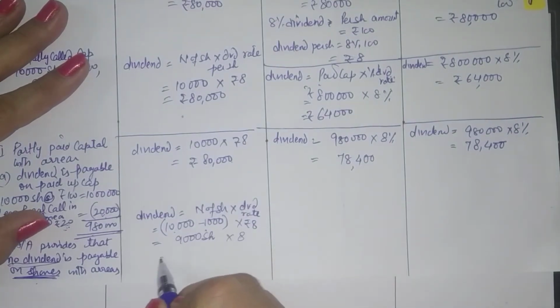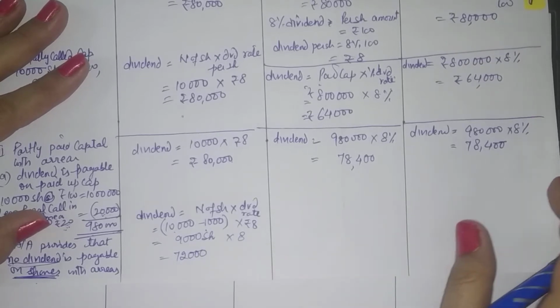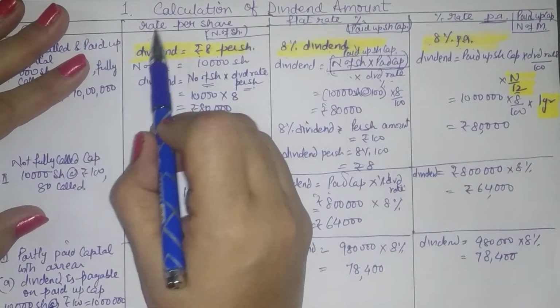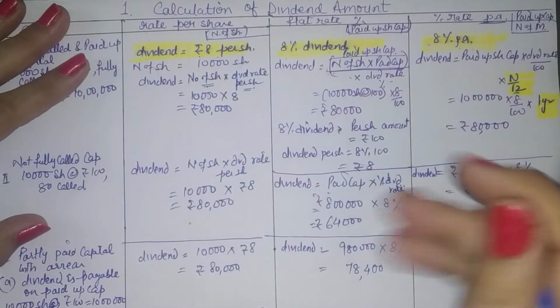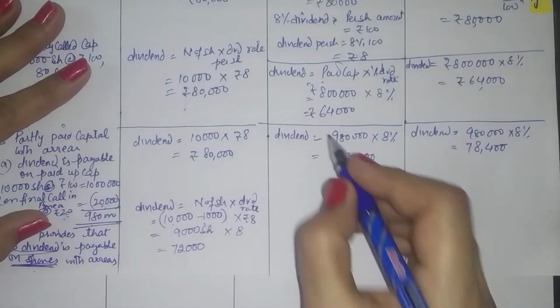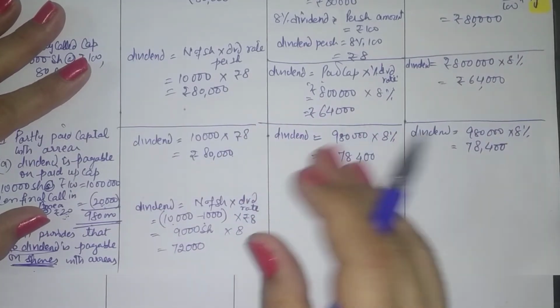So see, your amount of dividend is going to be different in the first case when rate per share is given, when the number of shares changes, right?